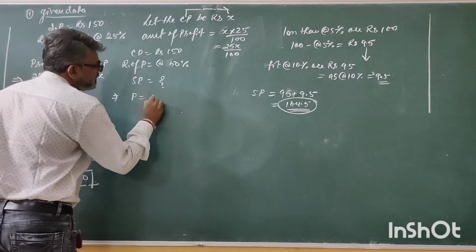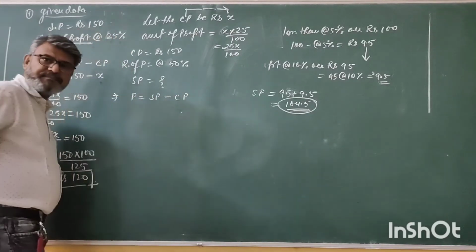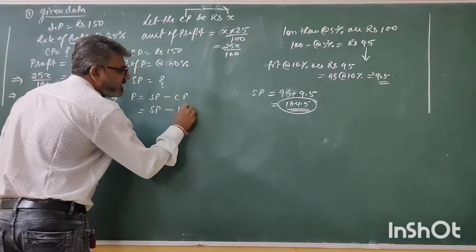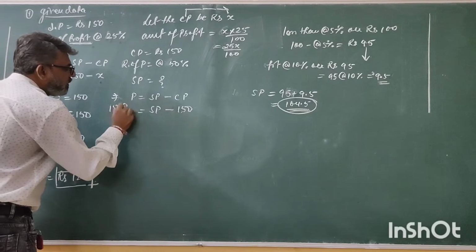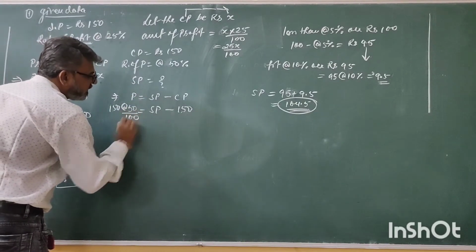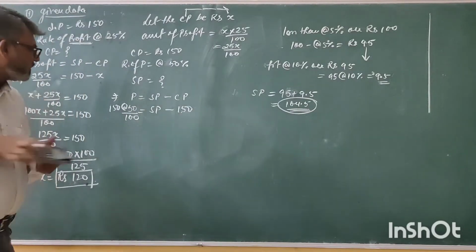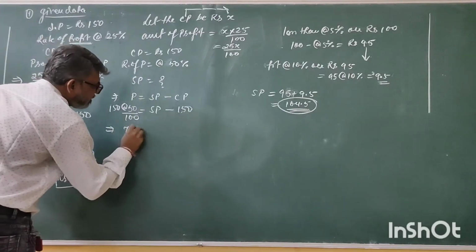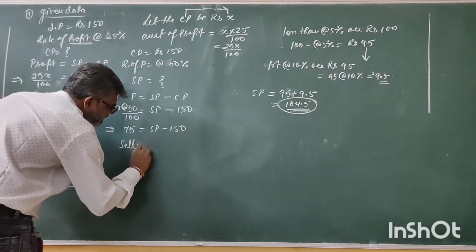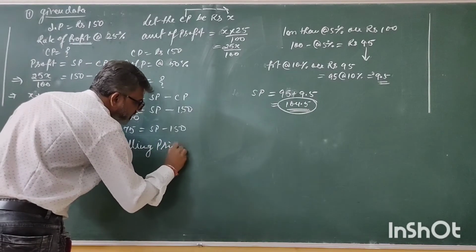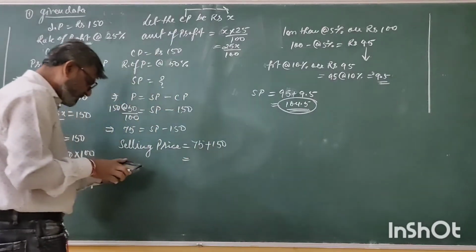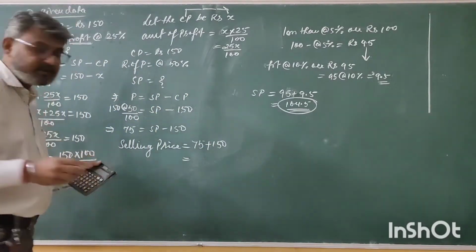Therefore, profit is equal to SP minus CP. SP is not there, CP is there and the profit is also based on CP. Say 50 by 100. Therefore, 60 is equal to SP minus 120. Therefore, selling price is equal to 60 plus 120. Now the result is 180.